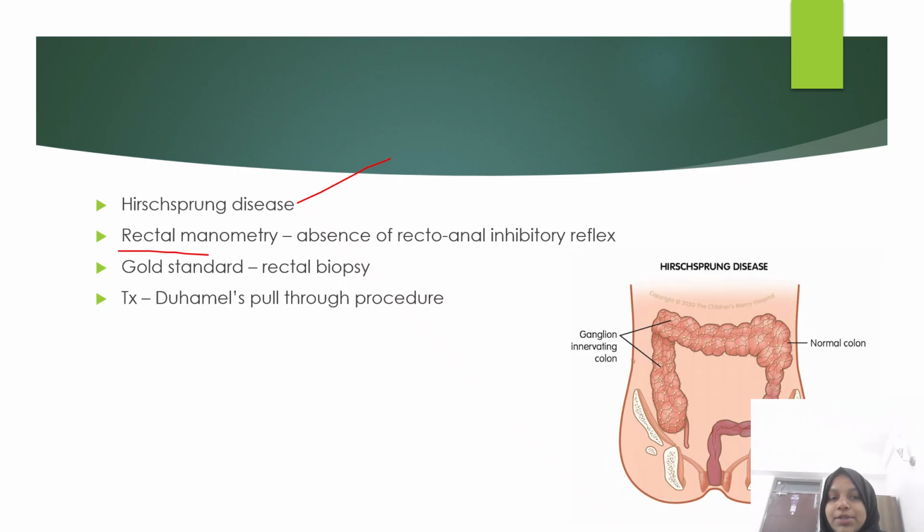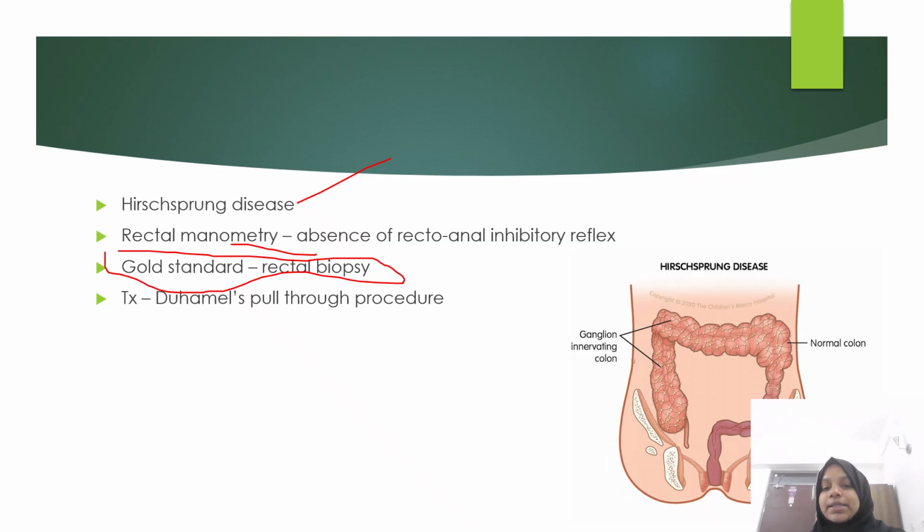The gold standard is the rectal biopsy, wherein you can demonstrate the absence of ganglion cells, but rectal manometry can show the absence of the rectoanal inhibitory reflex. Ganglion cells innervate the colon, but here there are no ganglion cells and no colon movement. So what you do is the Duhamel pull-through procedure. You have to resect the aganglionic segment and do an anastomosis.